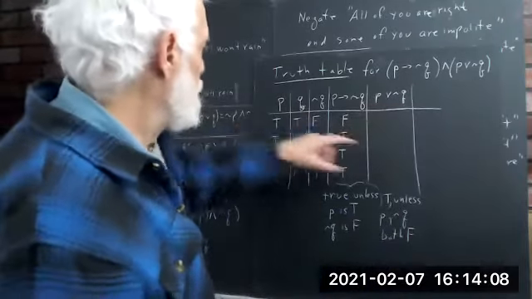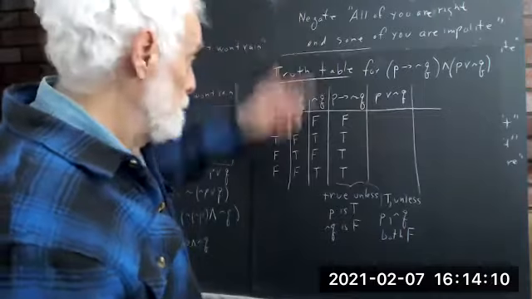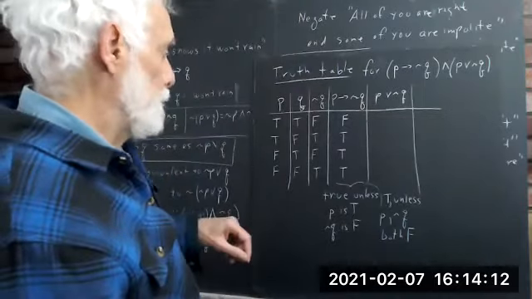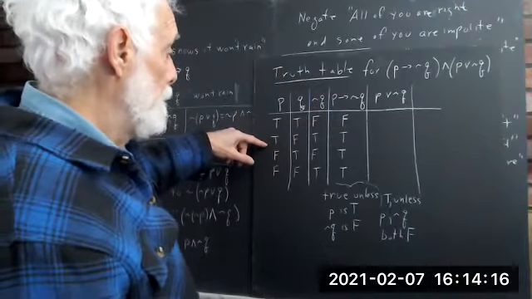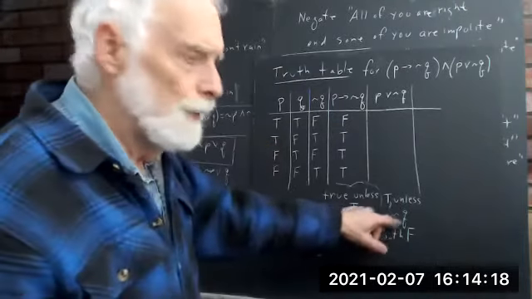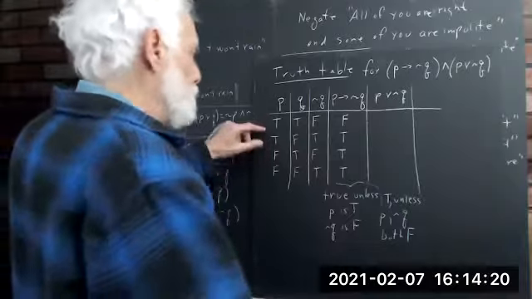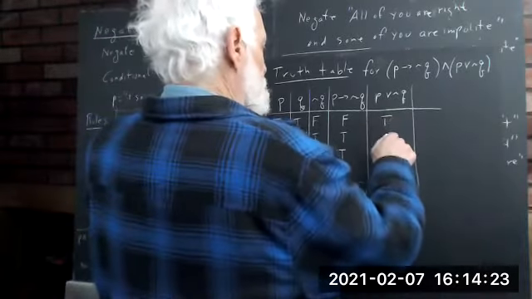Okay, well, we look back at P and not Q, and we see that P is true both here and here. So these are not both false since P is true, so we know that this statement's going to be true here and here.